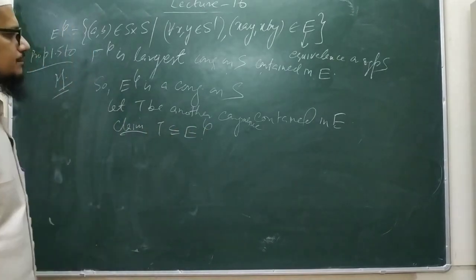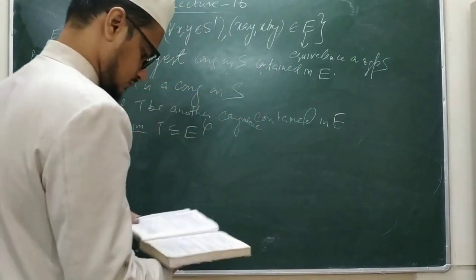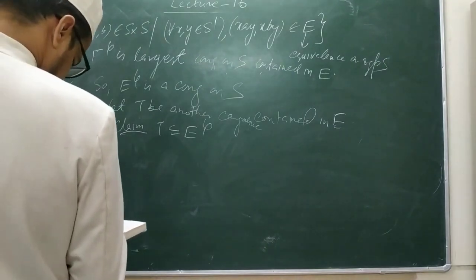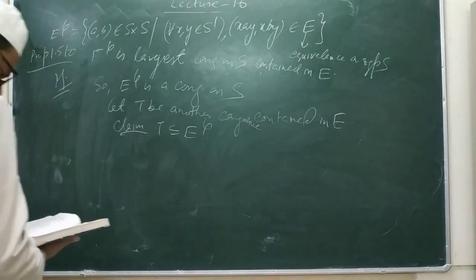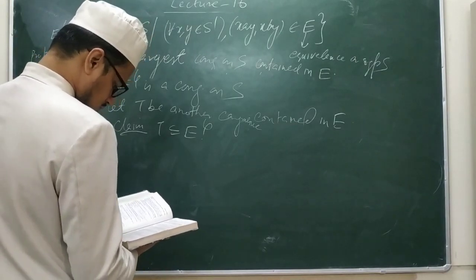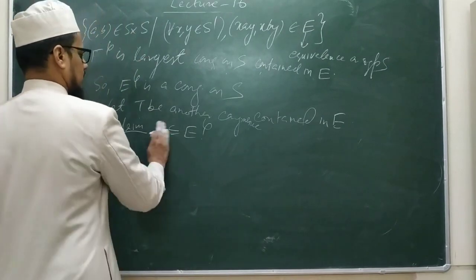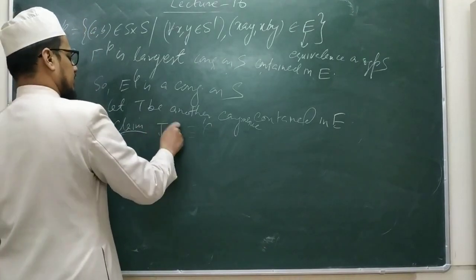Correct? The claim is that we have to prove that E natural is the largest congruence. Largest congruence means here. Yeah, correct. It is correct.